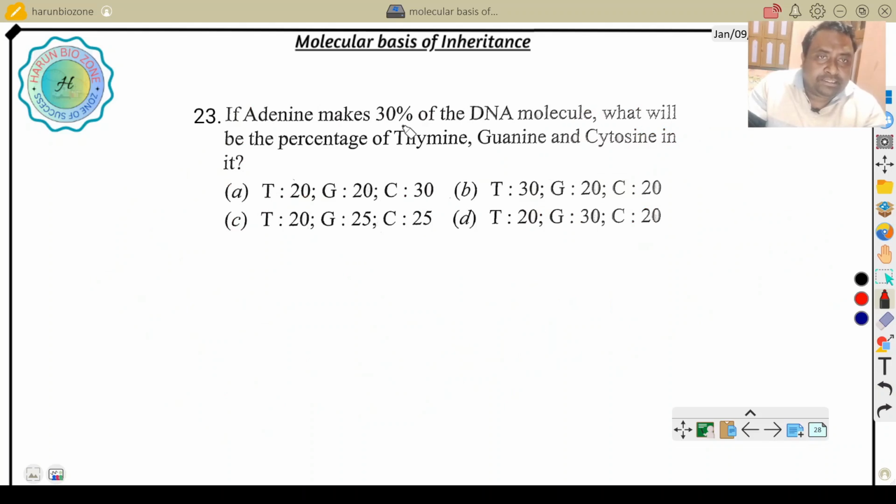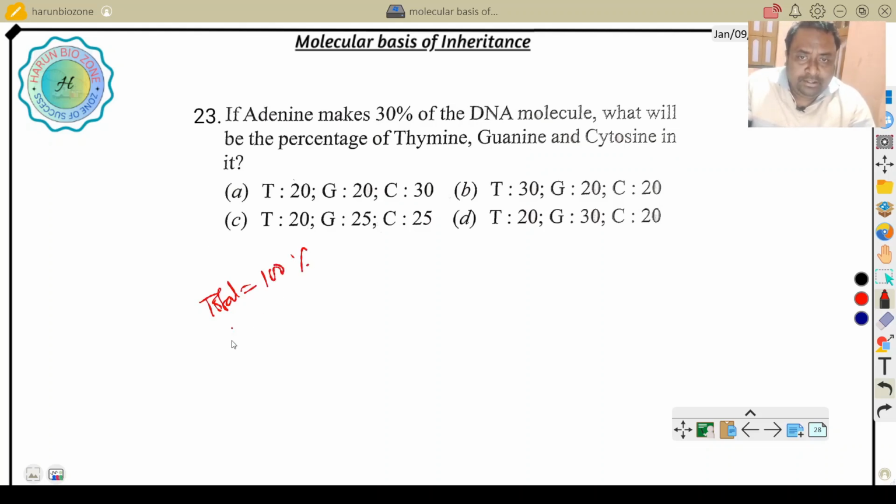If adenine makes 30% of the DNA molecule, what will be the percentage of thymine, guanine, and cytosine? The total percentage is 100%.